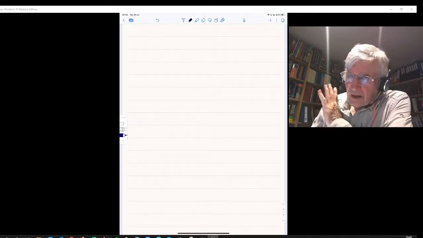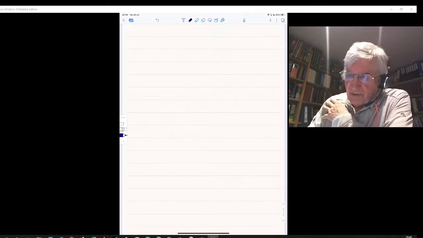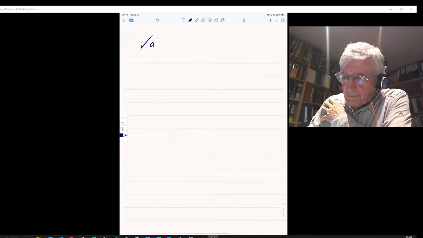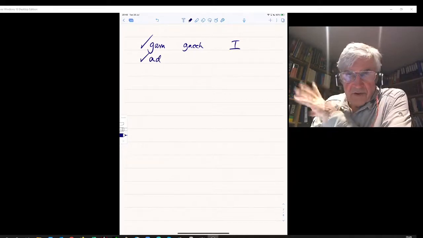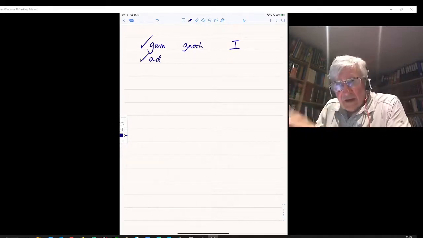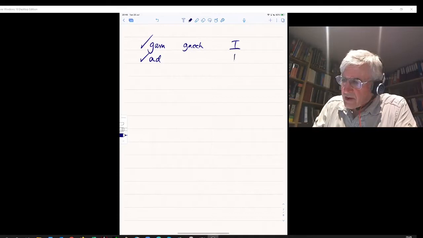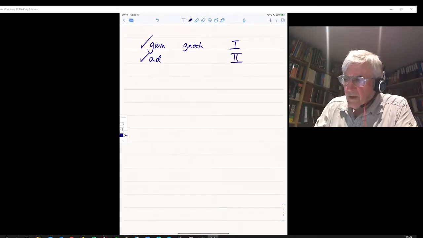So those are the classes of verbs. For example, gam, with its present stem gaccha, is a first class verb. And as I said, ad, where the endings are joined directly, there's not adami but admi, is a second class verb.